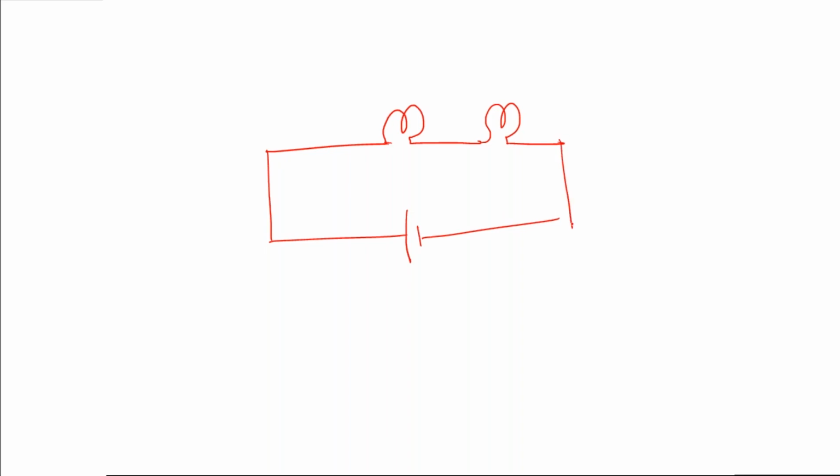So this next question is, I just drew it. Suppose there are two bulbs. They are connected in series like this with a battery having voltage V. This is bulb 1, and this is bulb 2.